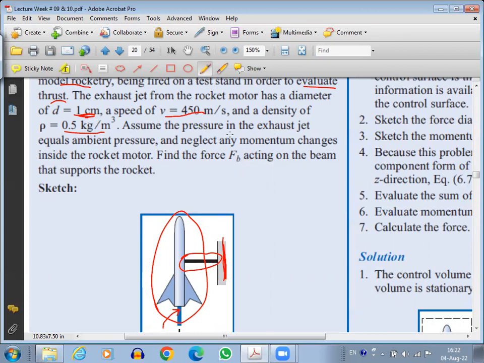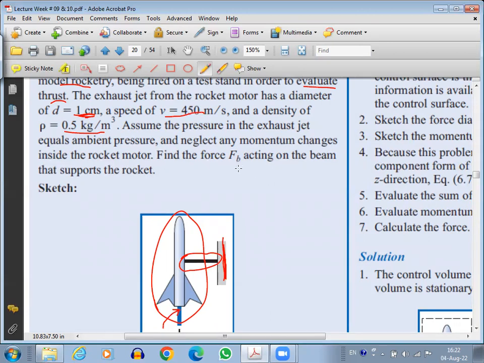Assume the pressure in the exhaust jet equals ambient pressure, and neglect any momentum changes inside the rocket motor.